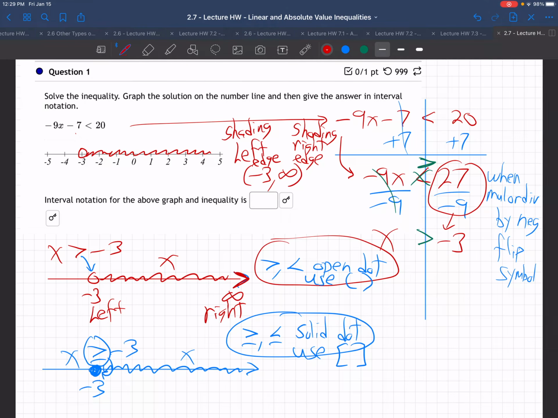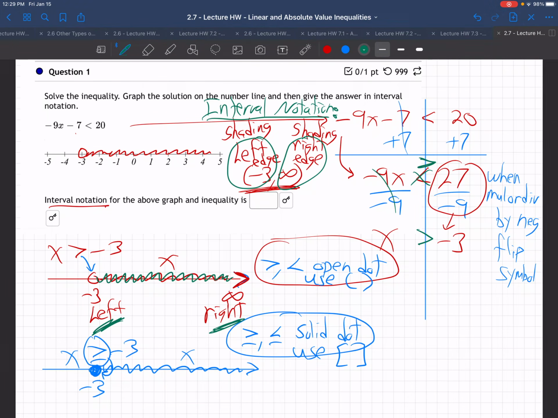So when you give interval notation, which is what they want, let me write it up here: interval notation is always left edge, right edge of the piece of shading. Here's the piece of shading right here on the number line. The left edge is negative 3.